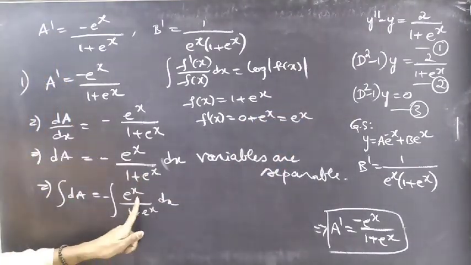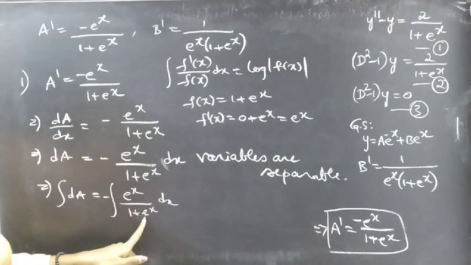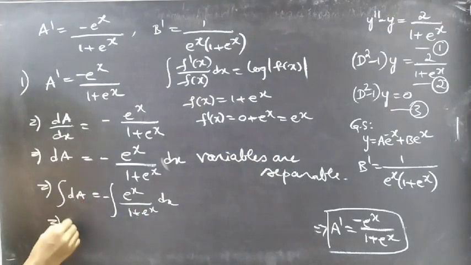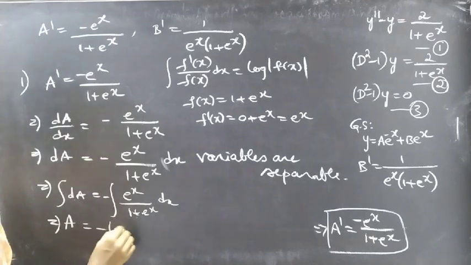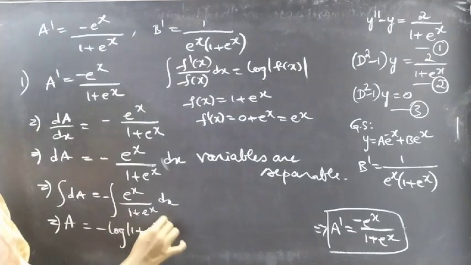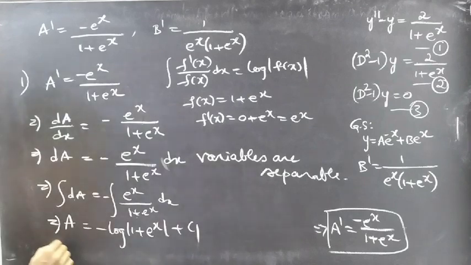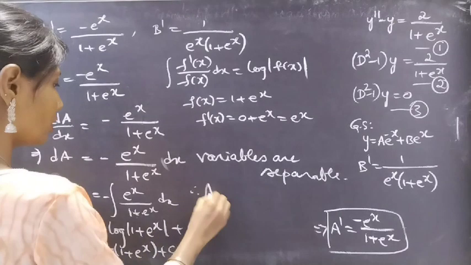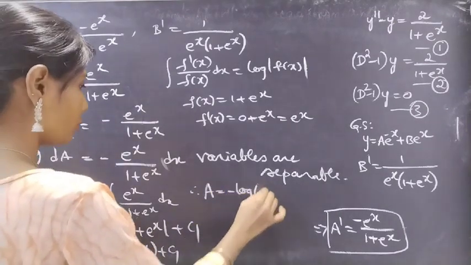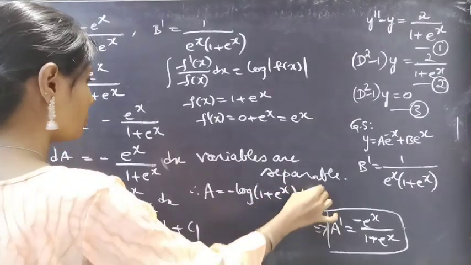So this is of the form integral f'(x)/f(x). We can write it as A = -log|1+e^x| plus an integral constant, say c1. Therefore, A = -log(1+e^x) + c1.